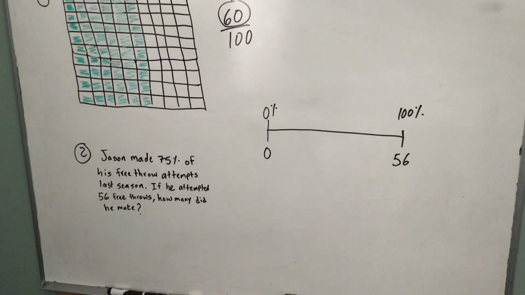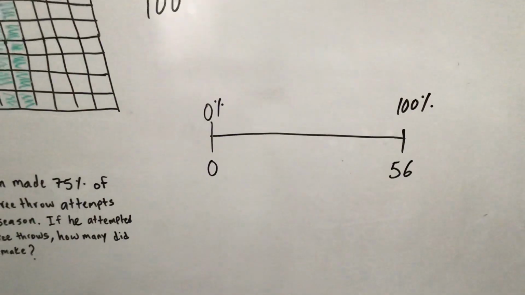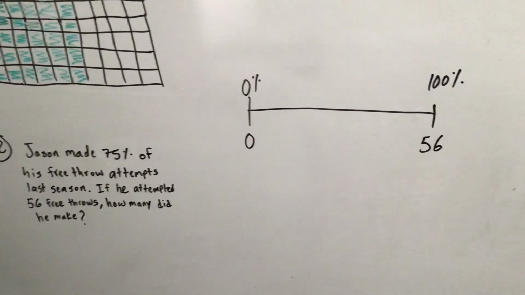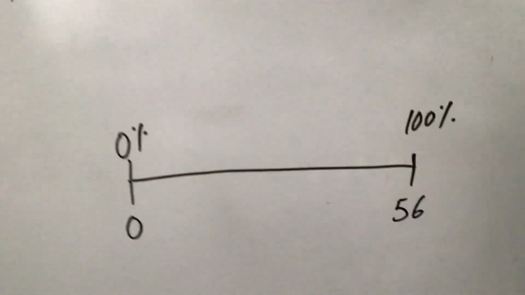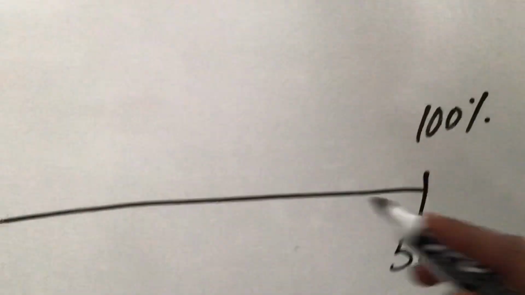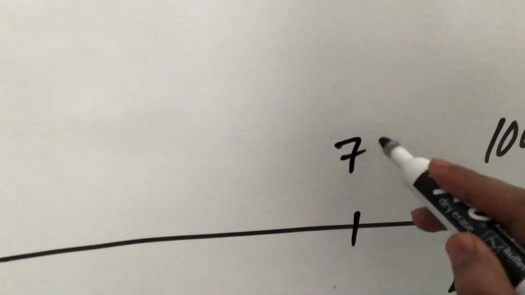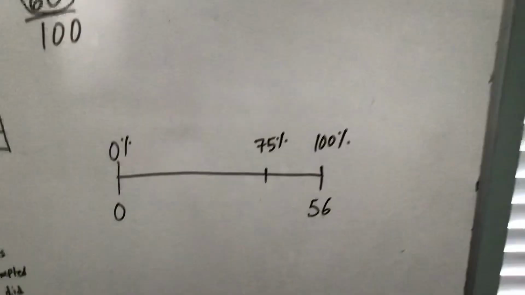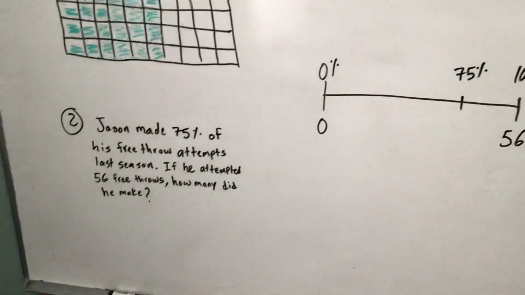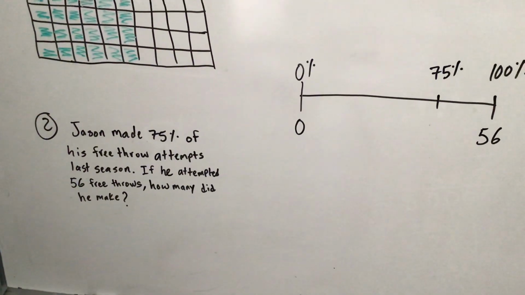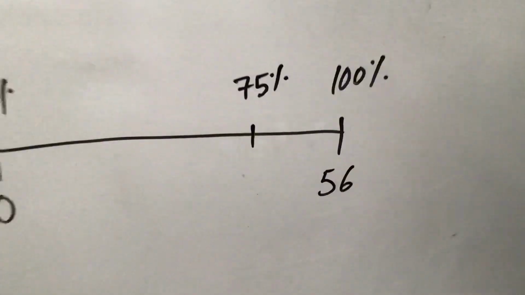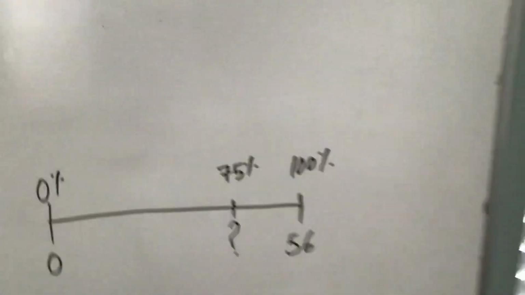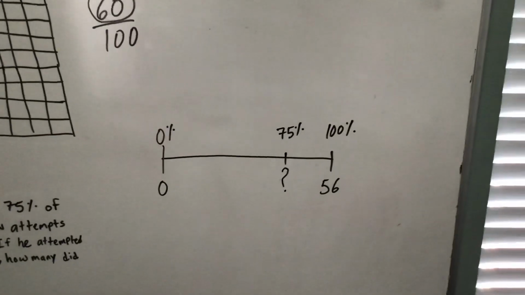Now, we want to know how many free throws equals 75%. He scores 75%. So we can do right here, and we can label 75%. Now, that's how many he made. He made 75% of his free throws. Now, how many free throws is that? Well, that we don't know. So I'm going to put a question mark in there.